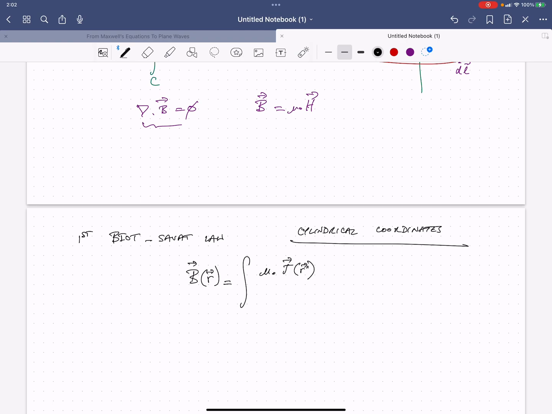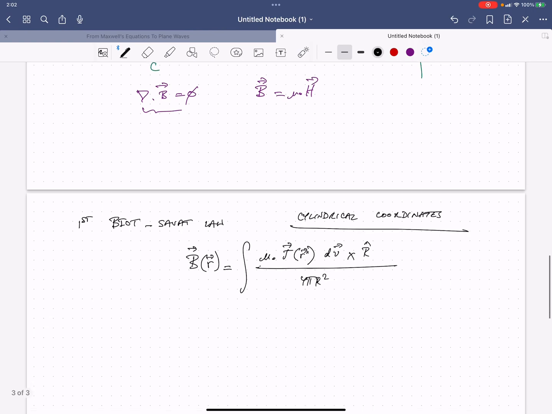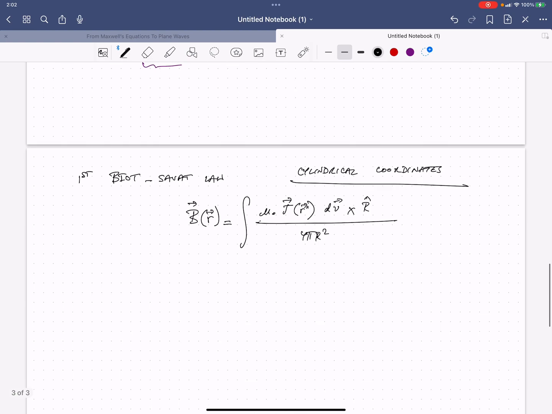So we have the current going in the r direction. Let me write it first and then I will draw it for you. This is the case where you have a chunk of metal, like you would have on a printed circuit board, carrying some current.